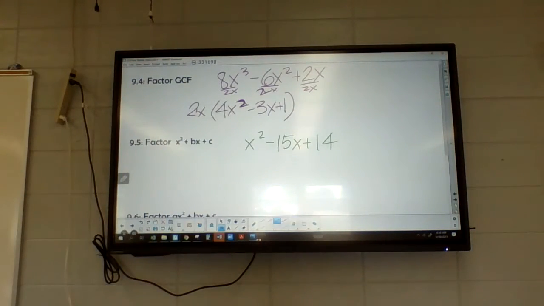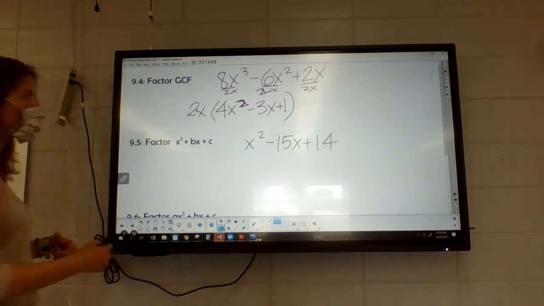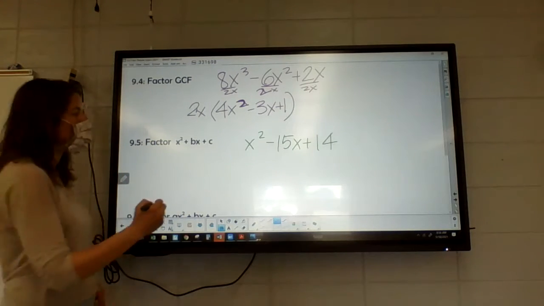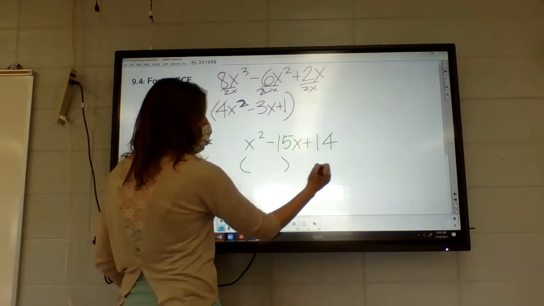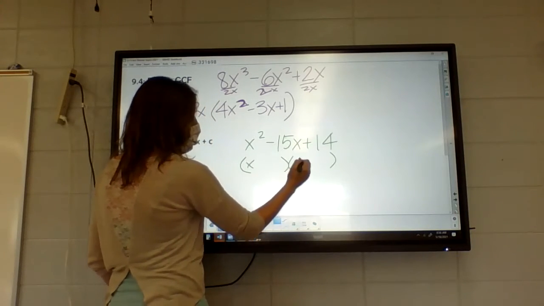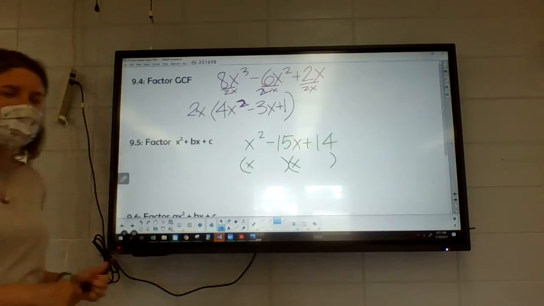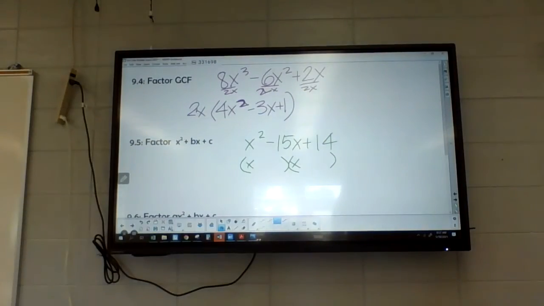This is one of the ones that I know you guys struggled with, and for whatever reason, I can't think of a way to explain it better. But don't forget about the obvious factor, and that's probably what you're missing in this one. So this one's the x times x kind. Once I get that, then I want to find things that multiply to give me 14, but add to give me a negative 15.